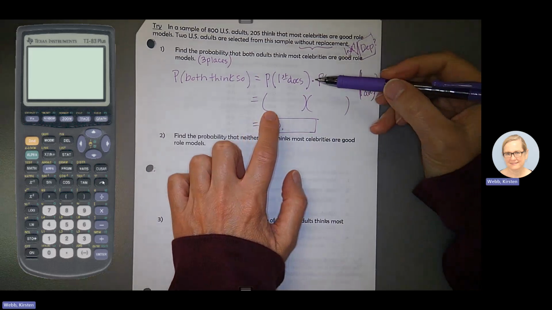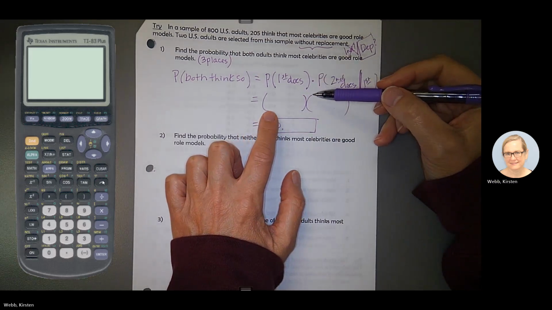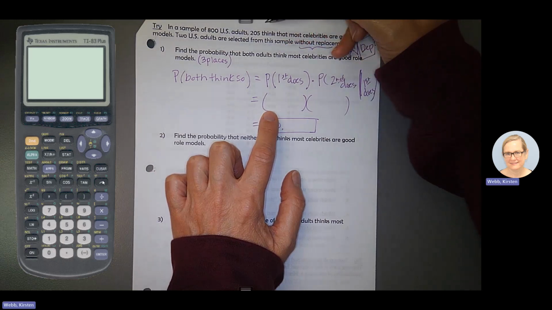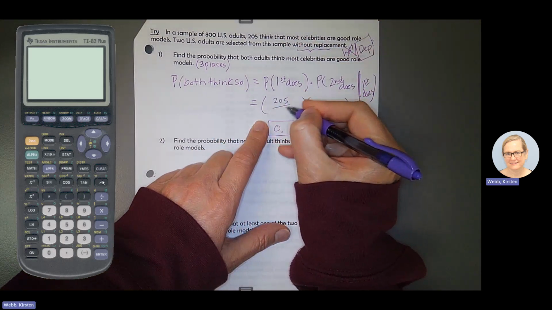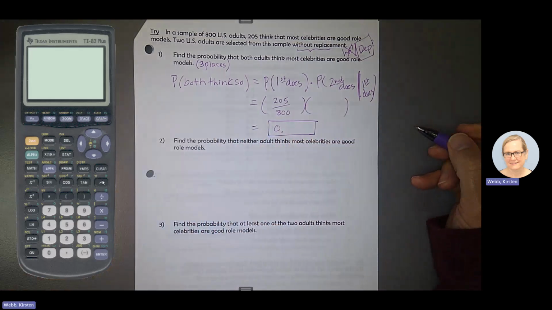What can we use for that first probability? We've got an 800, we've got a 205. Couldn't we just say 205 out of 800? Yeah.